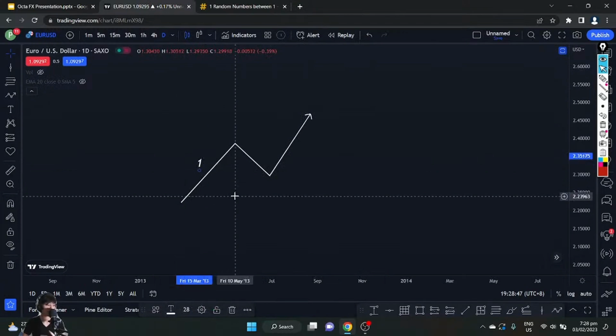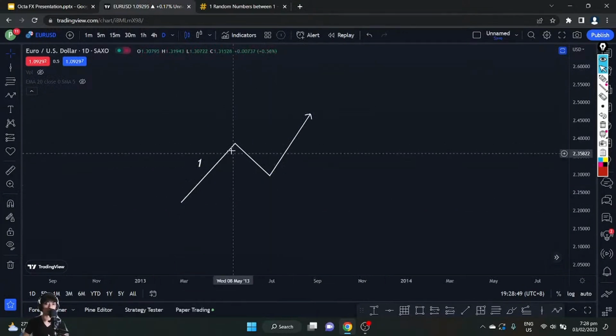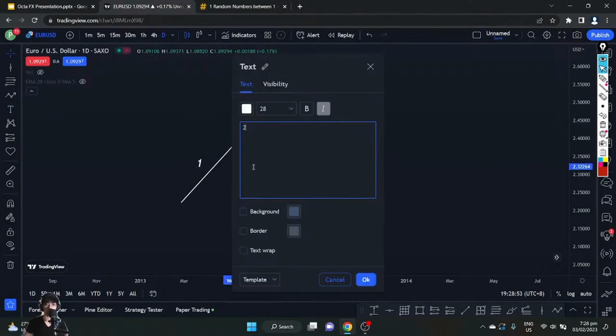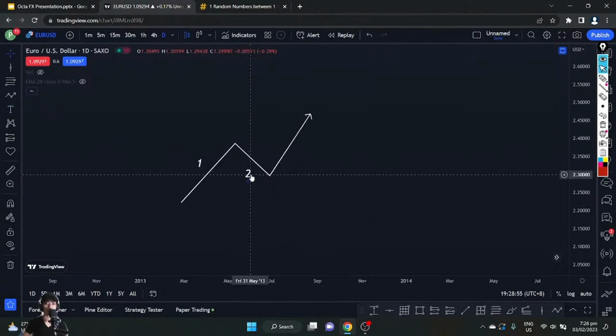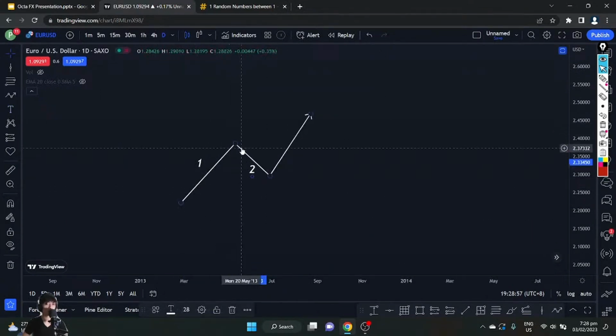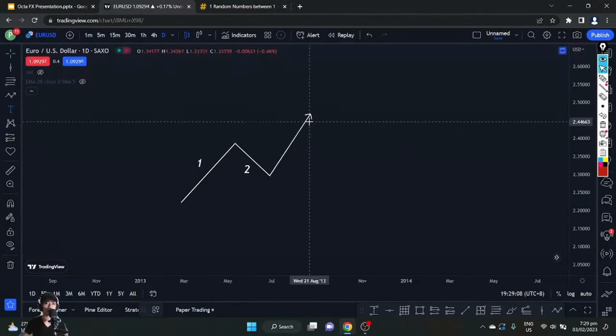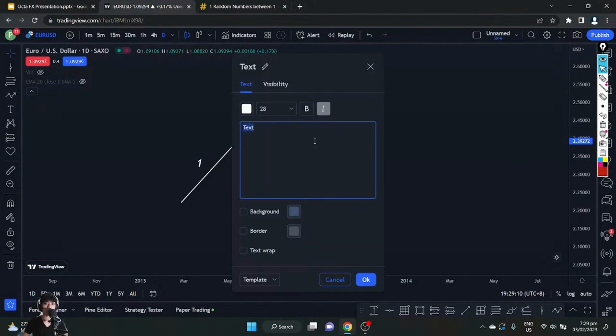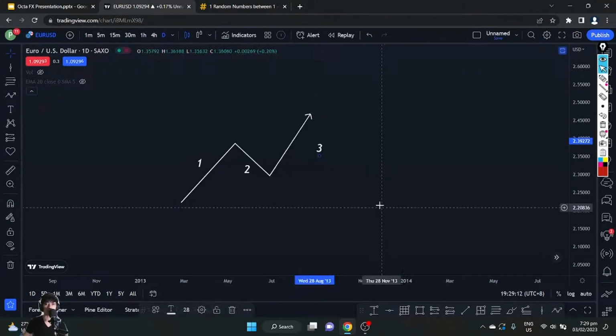The correction move that we have is our 2 move. So the impulsive move, the first leg, is our 1, and the first correction move or first pullback is our 2. Finally, the third move, our next impulsive move, is what we call 3.